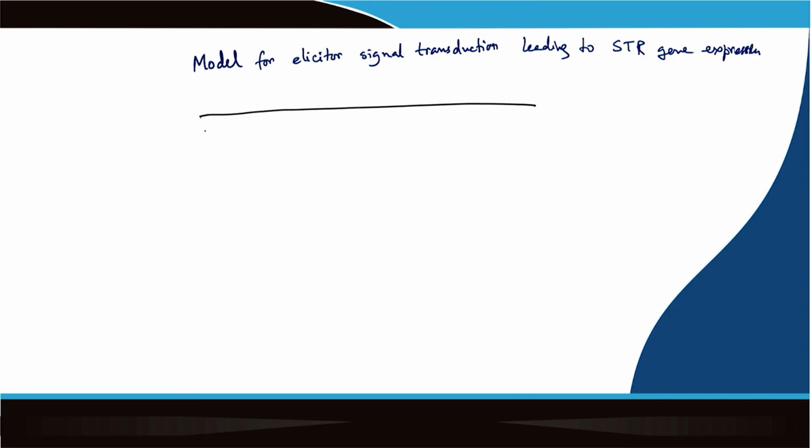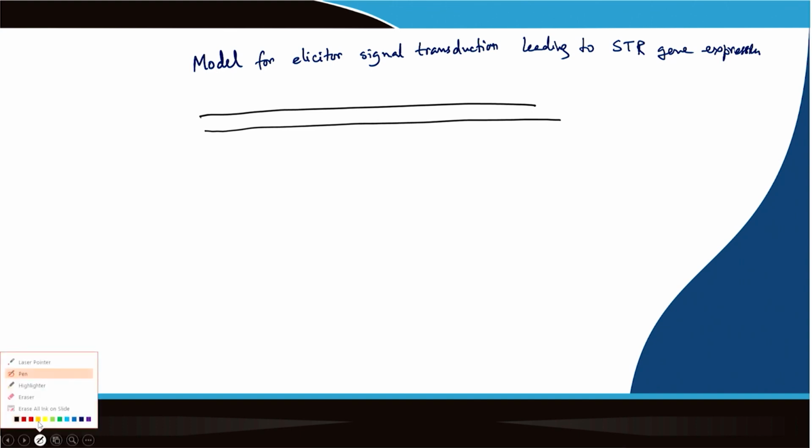This is the plasma membrane. Here lies the receptor, so where the elicitor molecule comes and sits over here.